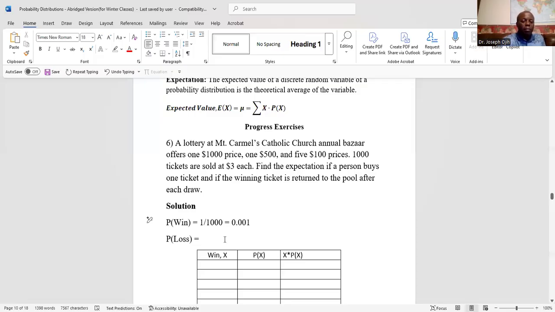Now the probability of losing will be the complement. You might be tempted to say 1 minus 0.001, but that's not the case, because remember we have several prizes: one $1,000 prize, one $500 prize, and five $100 prizes. Each of them has 0.001 chance of winning, so you have to factor that in.